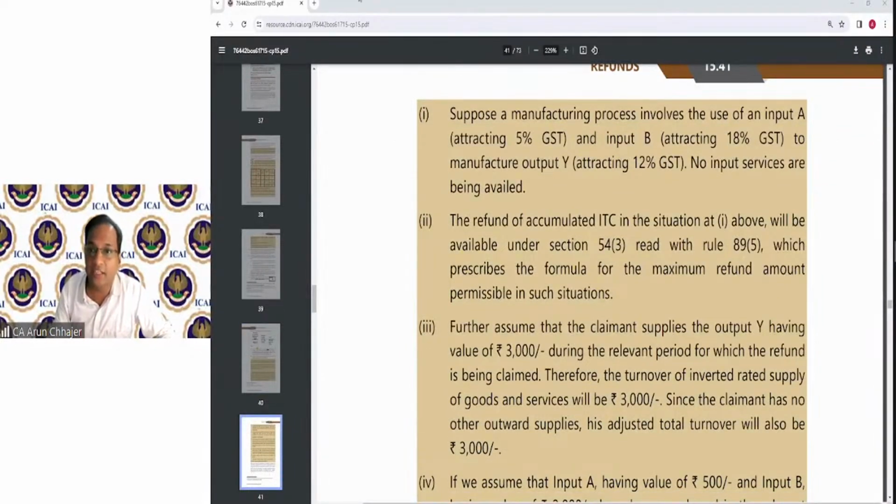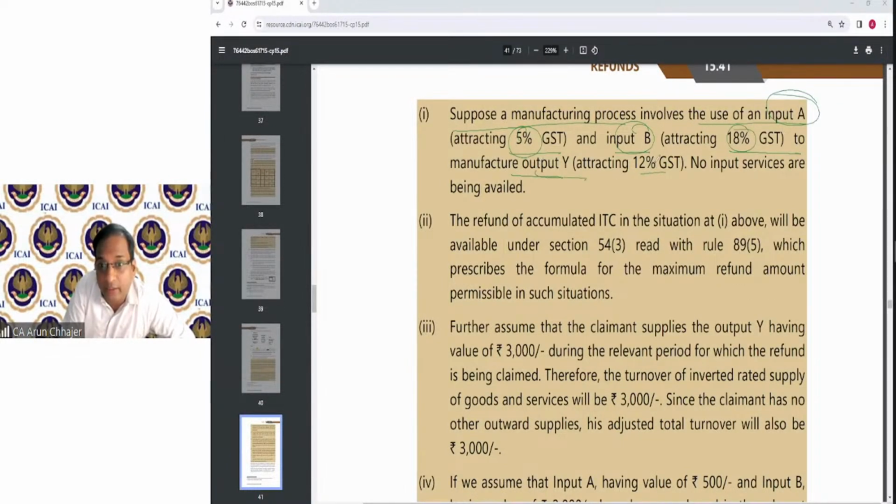Let's read the question. Suppose the manufacturing process involves the use of input A attracting 5% and input B attracting 18%, with the output at 12%. Is it under inverted duty? Material A is 5%, material B is 18%.